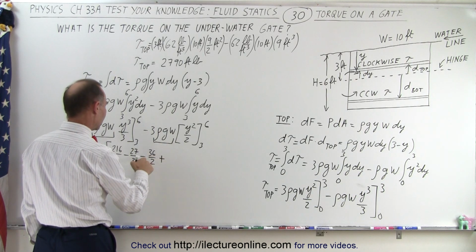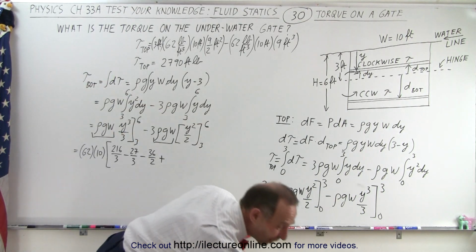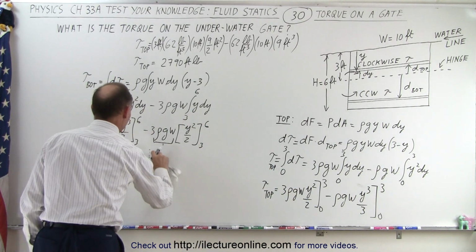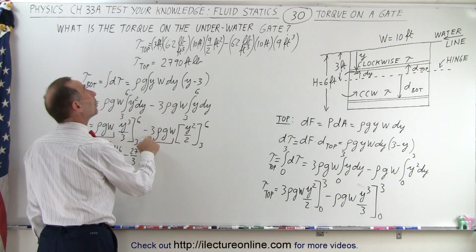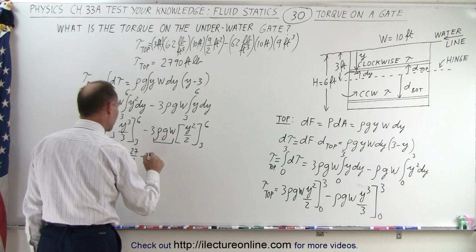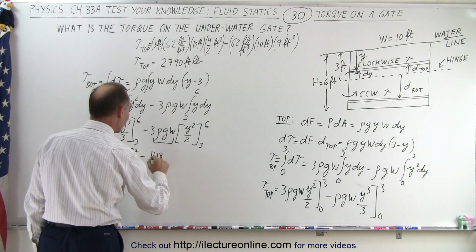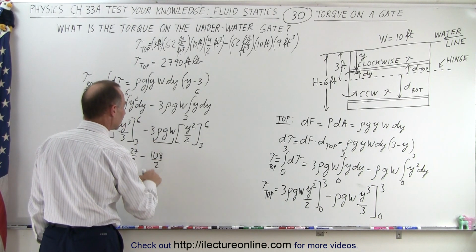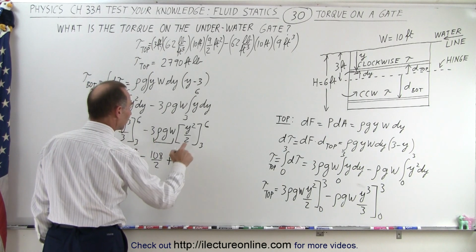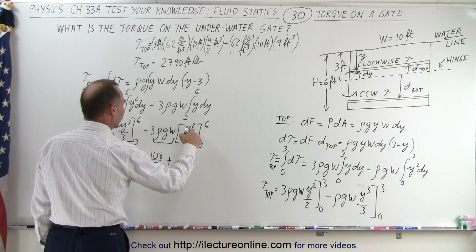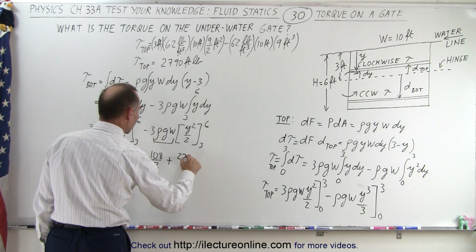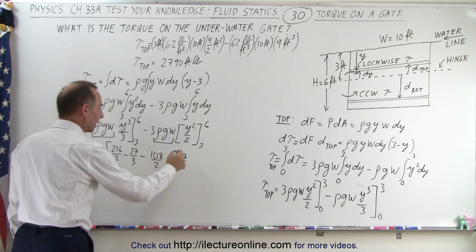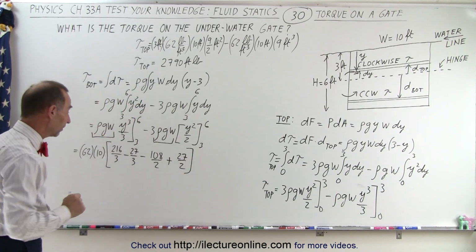I think I did. I've got to be careful. Can't forget my 3. So it's 36 times 3, that would be 108. So 108 divided by 2, minus 108 divided by 2, and minus times the minus is plus. So I have 9 times 3, which is 27, divided by 2. Okay, now I think I'm set.